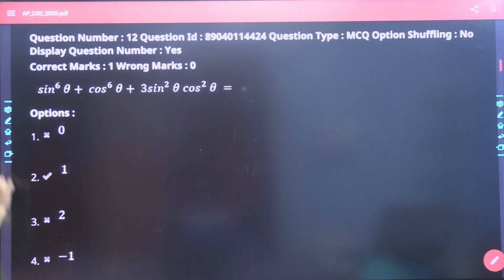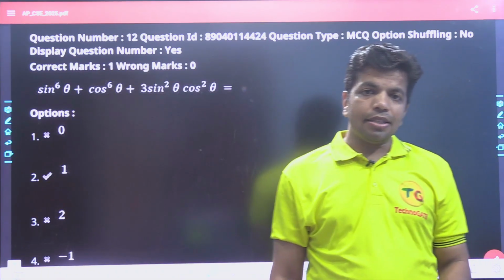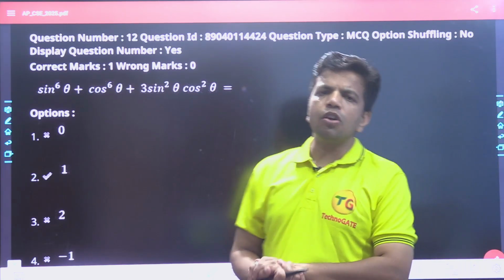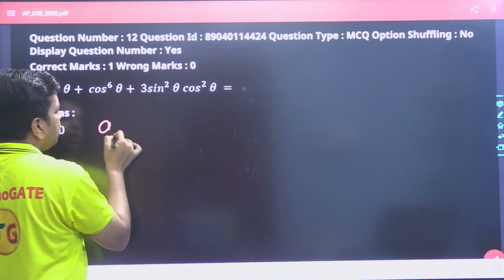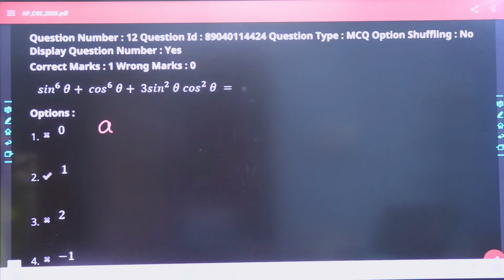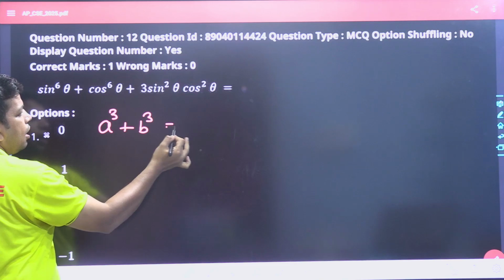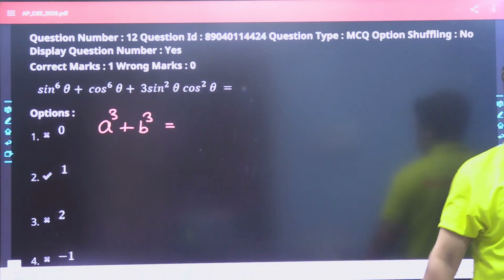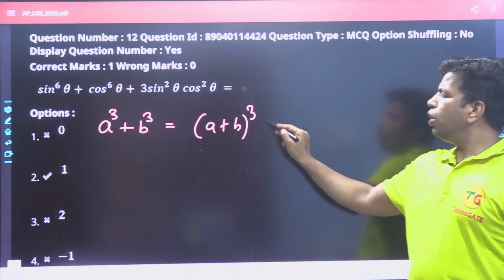We need to compute the value of sin to the power 6 theta plus cos to the power 6 theta plus 3 sin square theta cos square theta. First of all, let's see, we are going to compute a cube plus b cube.